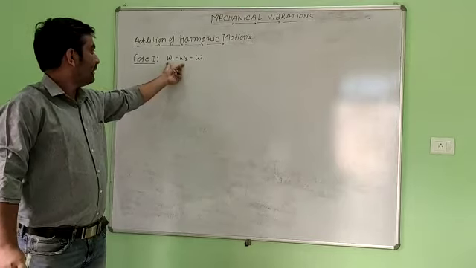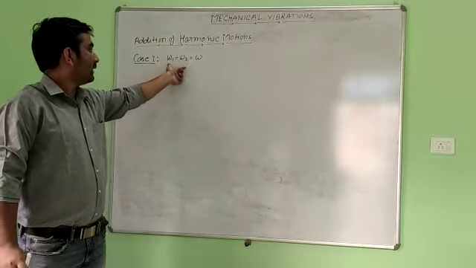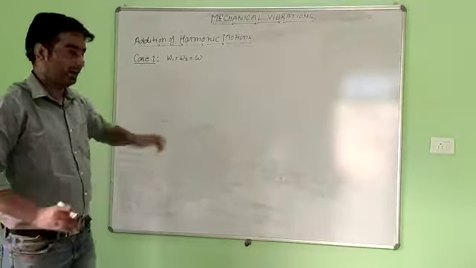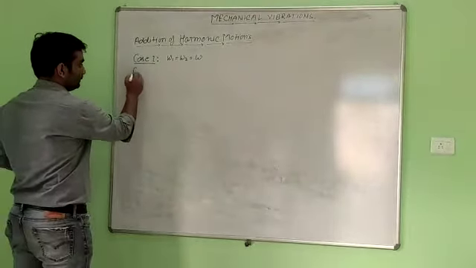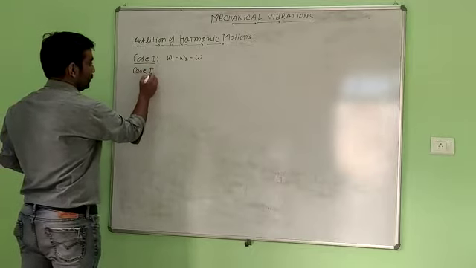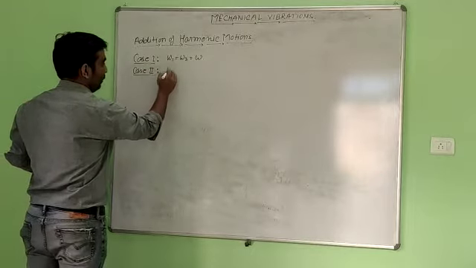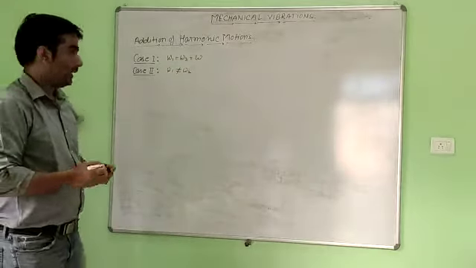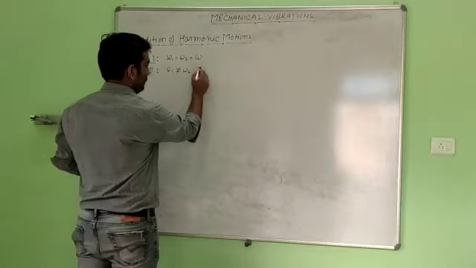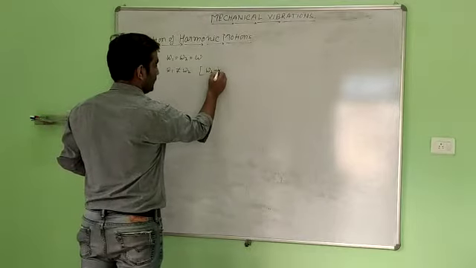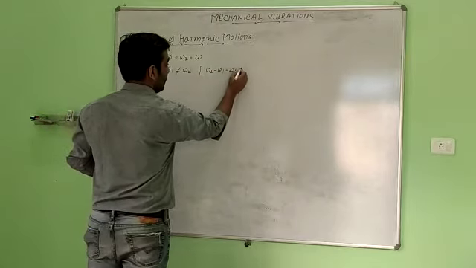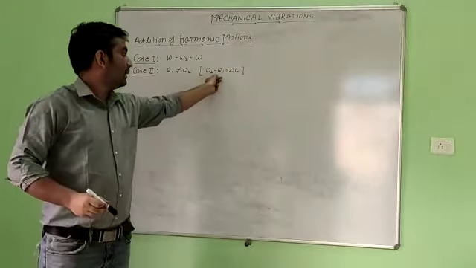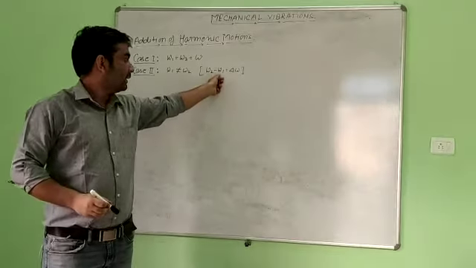Means if we are having the same frequency of harmonic motions, that is case 1. In case 2, when omega 1 is not equal to omega 2, or we are having a slight difference, omega 2 minus omega 1 is delta omega. We are having slight difference between the natural frequencies, that is case number 2.